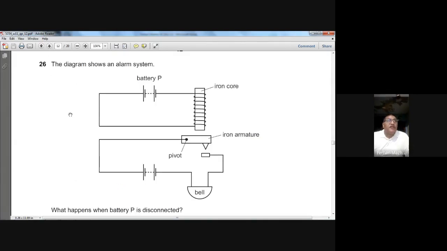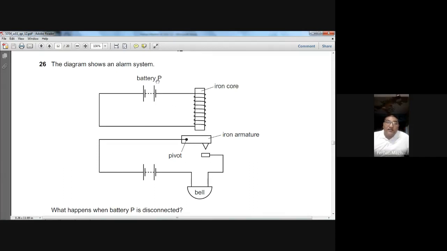Okay, here the diagram shows an alarm system. So battery P, and it has an iron core and a solenoid on it. So when current flows through this, it will be an electromagnet. Here in the second circuit, we have an iron armature, and when this is an electromagnet, this iron armature will remain up.